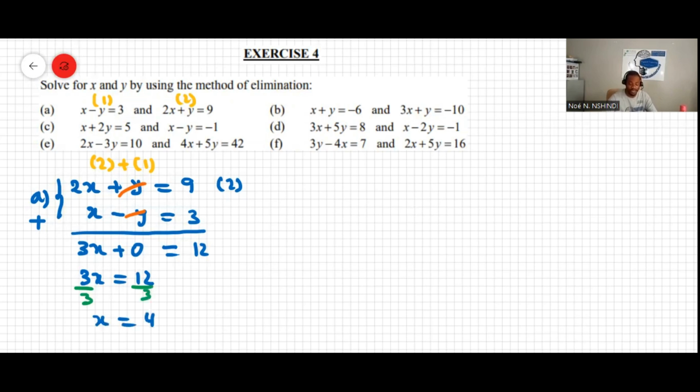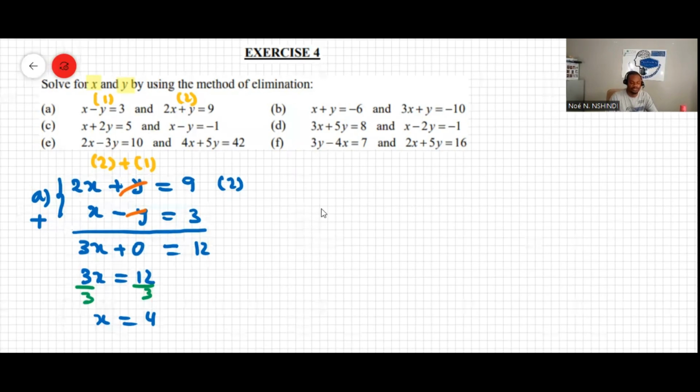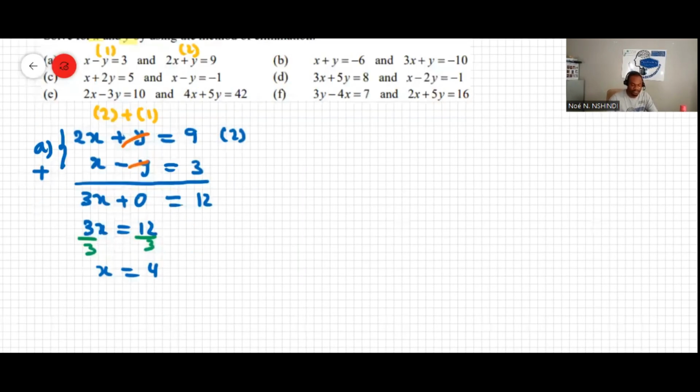And then we're done. We're not done, because the question says solve for x and y. So we need to find the value of y also. We can substitute the value of x in either equation 1 or equation 2. I prefer to use equation 1, which was x minus y equal 3.